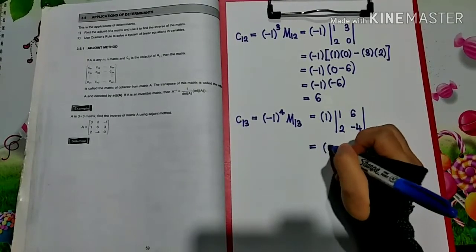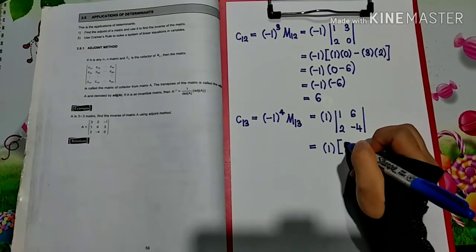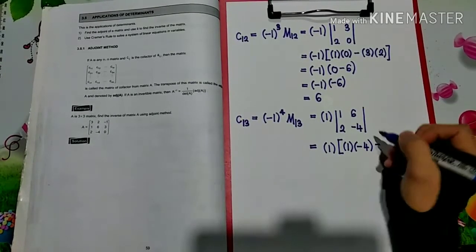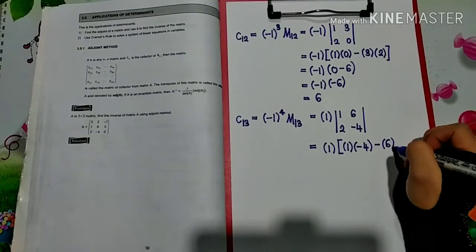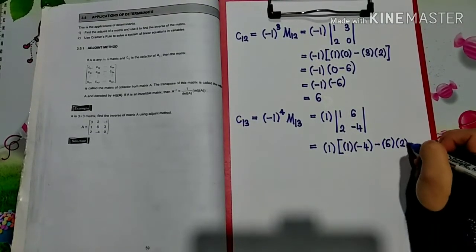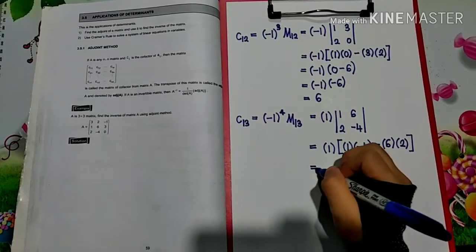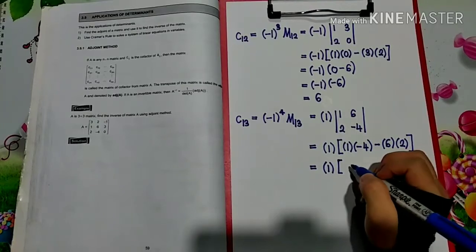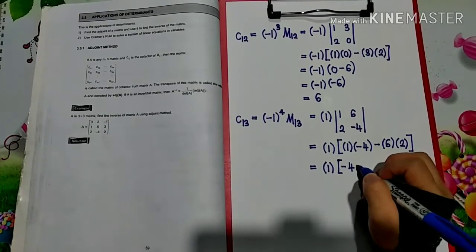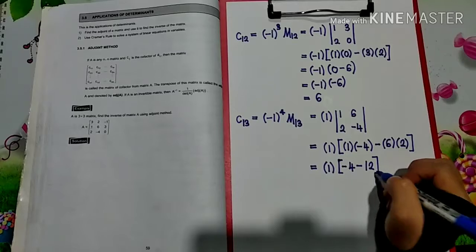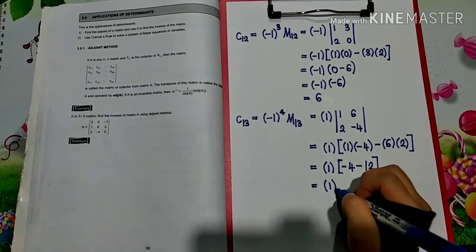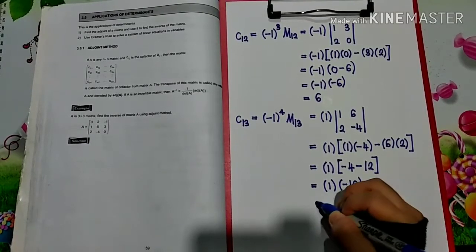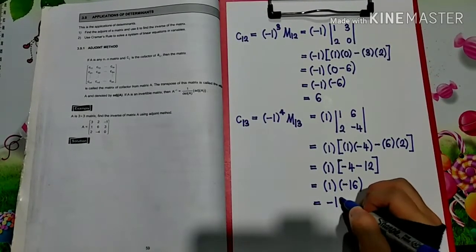We compute the determinant for this one, 1 multiply with negative 4 minus 6 multiply with 2, equal to negative 4 minus 12. So negative 4 minus 12, you will get negative 16. So C13 equal to negative 16.